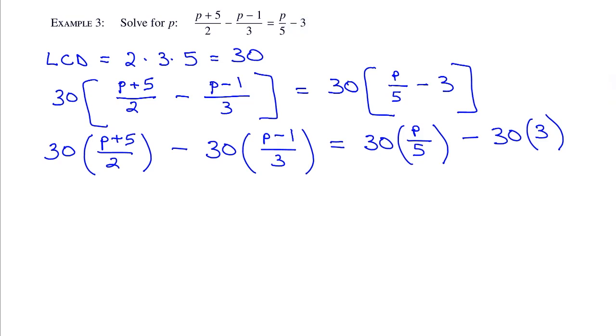Next, we simplify the denominators by canceling with the 30s. If you've used the least common denominator correctly, you should have no more fractions after this step.